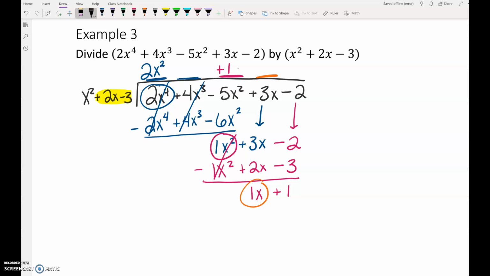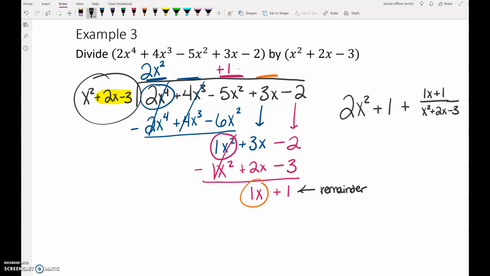So our answer is 2x squared plus 1, but we have this remainder. So I write plus 1x plus 1 divided by x squared plus 2x minus 3. So you stick a fraction on the end of that polynomial with your remainder over what you originally divided by. And that would be your answer.